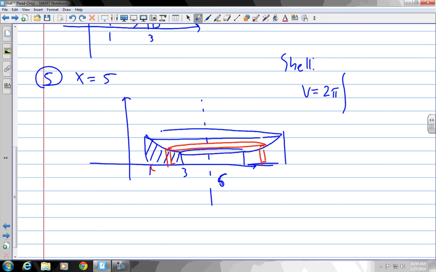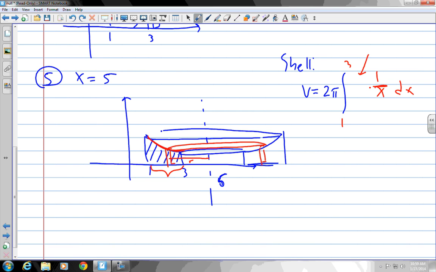So when you're building each shell, the x will still range from 1 to 3. Do you agree with that? From 1 to 3, and the height of each shell will still be given by 1 over x in that region, right? So it's 1 over x. The only question is, what is the radius of each shell? Because that's what we put here.